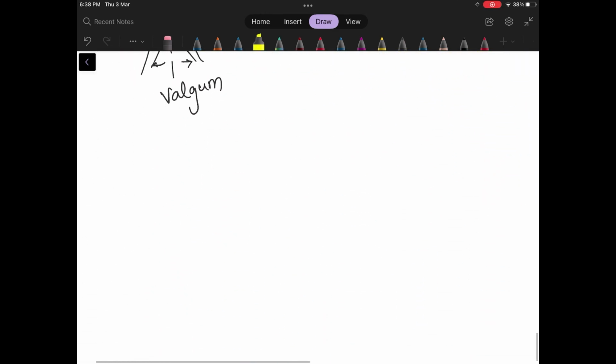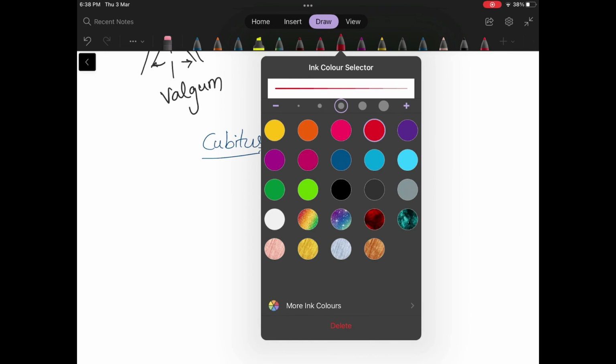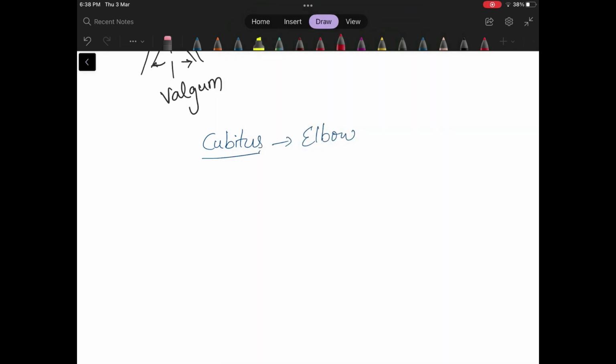Similarly, now I have taught you about genu valgum and genu varum. If the same condition is given for cubitus, we have learned that cubitus means elbow. So if they have given the condition as cubitus valgum, then you have to see whether the distal part is moving lateral.